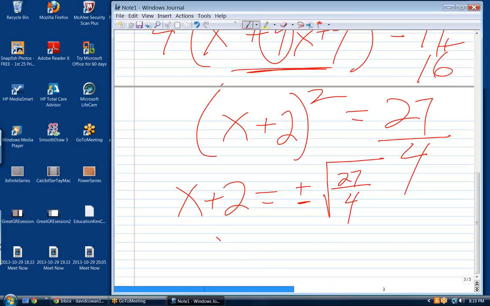Okay. Now x is equal to what? Plus or minus square root of 27 over 4 minus 2. Let's put the minus 2 up front because it looks more like the quadratic format when we do that.